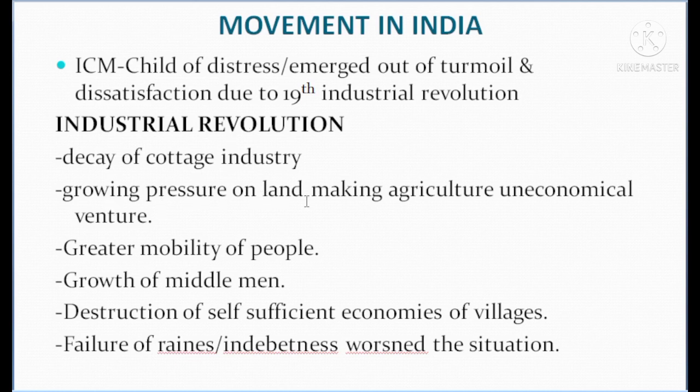Growing pressure on land, making agriculture an uneconomical venture. Now these people who were associated with small scale industries came to agriculture to find their livelihood. The pressure on agricultural land increased, which made agriculture uneconomic.